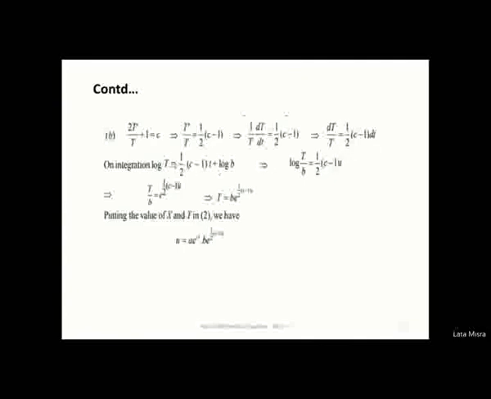After integration, we get log T equals 1/(2c minus 1) t plus log b, and log b is integrating constant. Again applying the property of log, we get log T/b equals 1/(2c minus 1) t. Now removing the log, we get T/b equals e raised to 1/(2c minus 1) t, and we get T equals b e raised to 1/(2c minus 1) t.